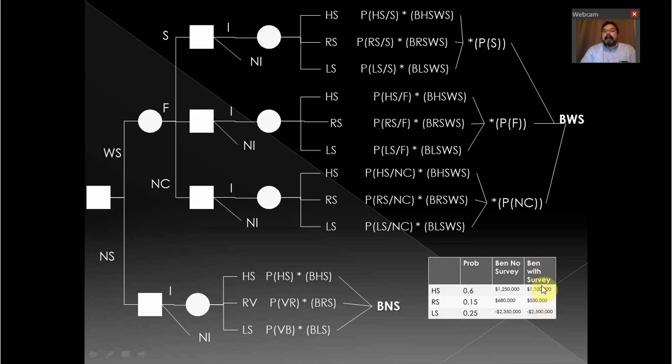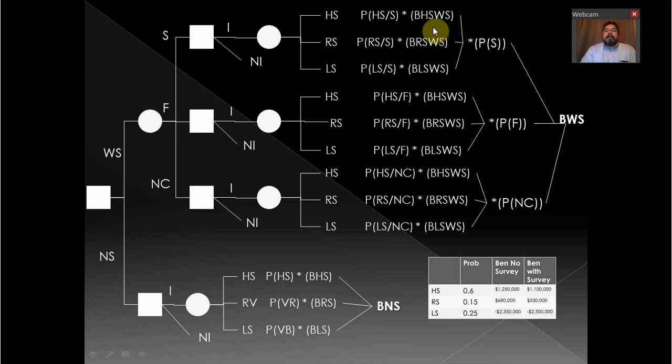And these quantities are the quantities right here, for high sales, for regular sales, and for low sales with the survey. The same applies to the branch of failure and the branch of non-conclusive results.